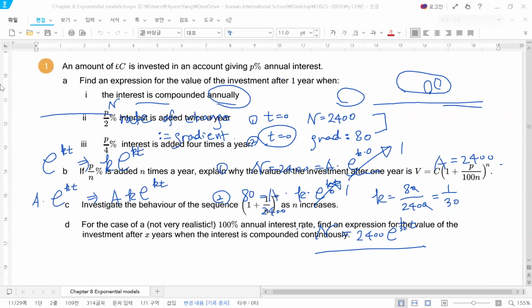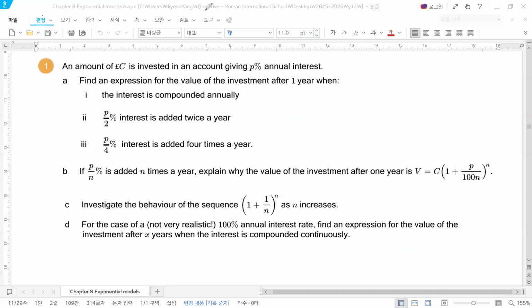Let's try to solve exercise 8C, question number 1. This one is about history, how we find the value of e, the Euler number. So Eden, please read this question.